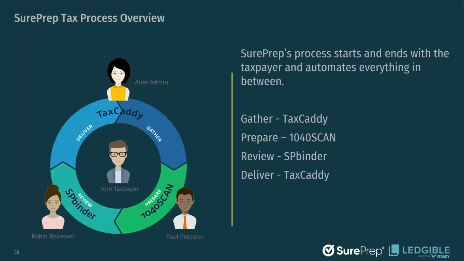So you might be mailing out a paper organizer in January, or maybe you've got a portal solution. You may be using some software tool, or just an old school paper organizer to request and receive those documents from your clients.